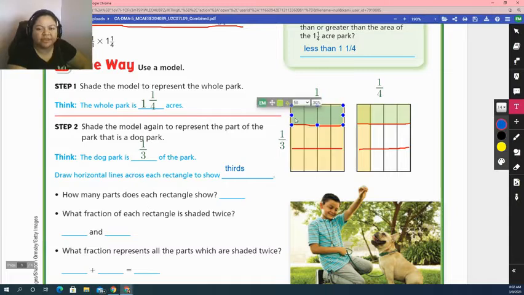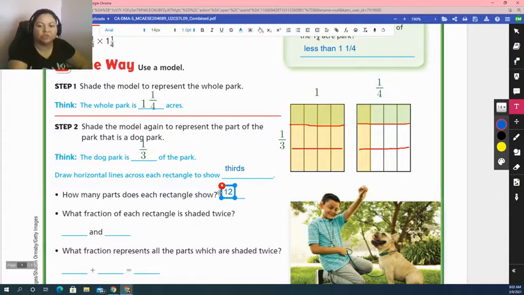That would be the squares inside, right? The little ones. 1, 2, 3, 4, 5, 6, 7, 8, 9, 10, 11, 12. So we show 12 parts on each rectangle. So that means that when we write a product, the denominator will be 12, right?